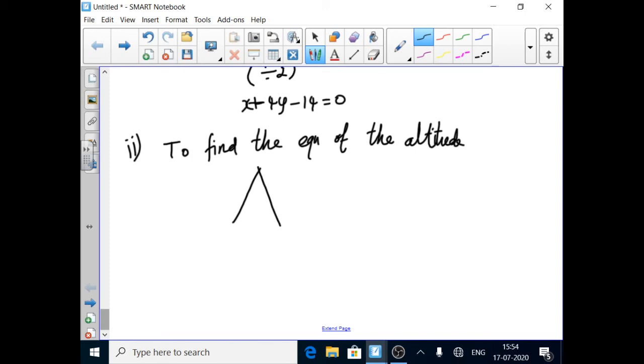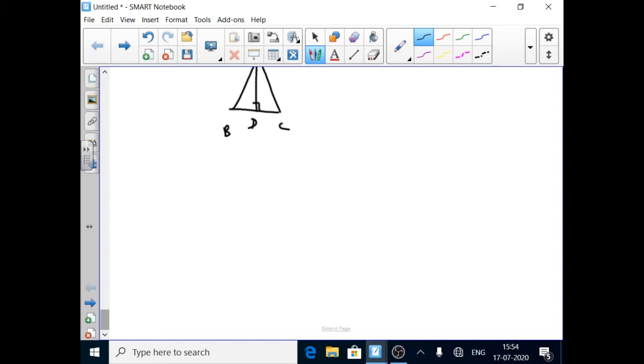Here also I just draw the triangle, the same thing, A, B, C. So the altitude means I take point A and draw the perpendicular line to the opposite side. This is called altitude. Here I give the name D. So altitude means a perpendicular line.